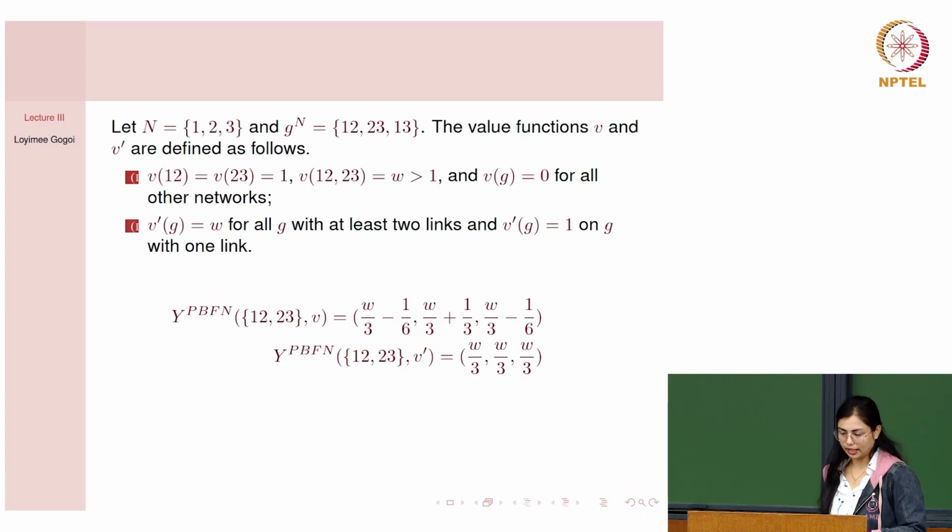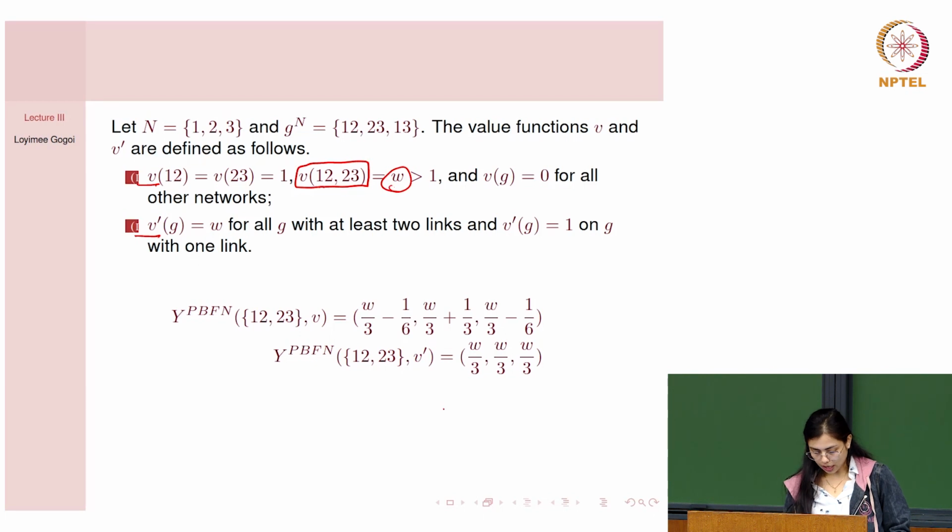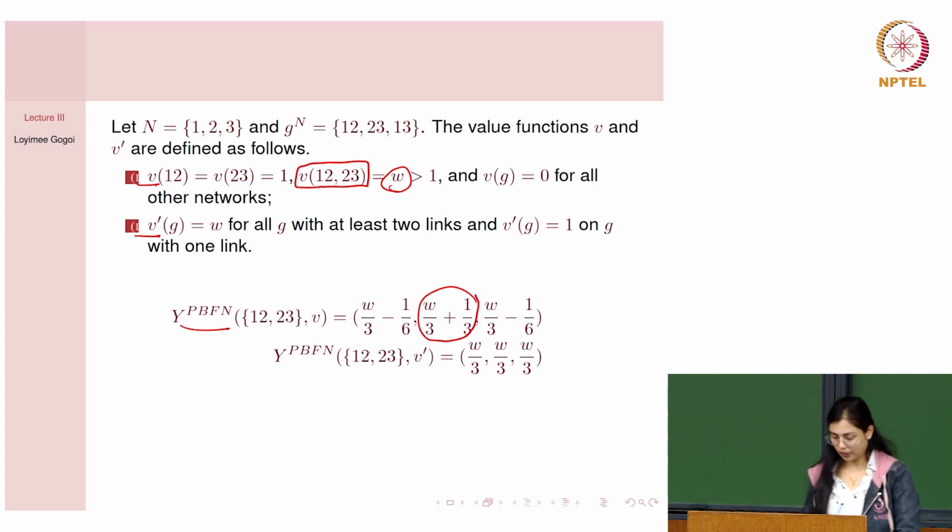Next, here I have one simple example. It is a more generalized example, but say I have V and V prime, where you can see that in V, player 2 is generating more. So under this flexible network player base, definitely 2 is getting more than 1 and 3.